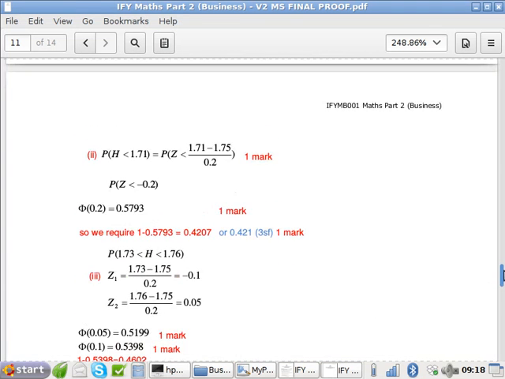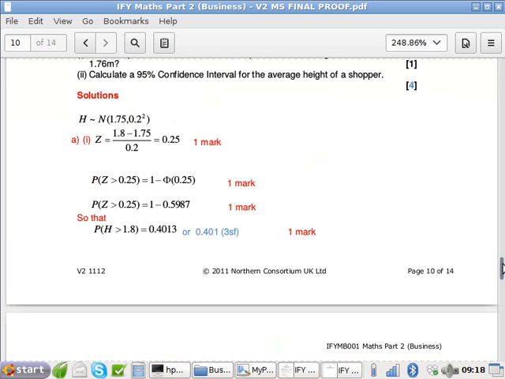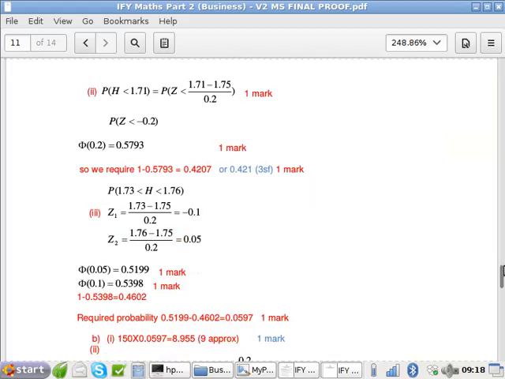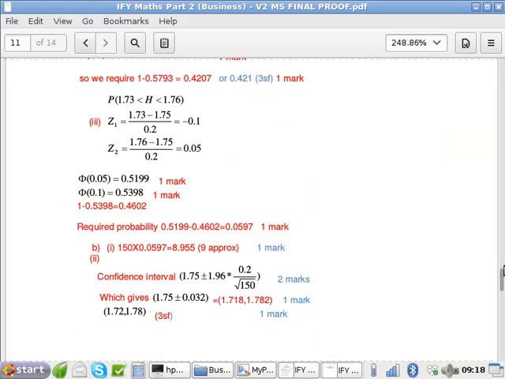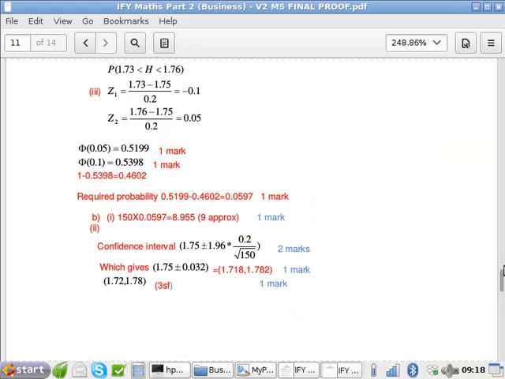Where is it? Still further down. Yeah, B. It's 9, 10. Approximately 9. It's 9. No, that's disgraceful.